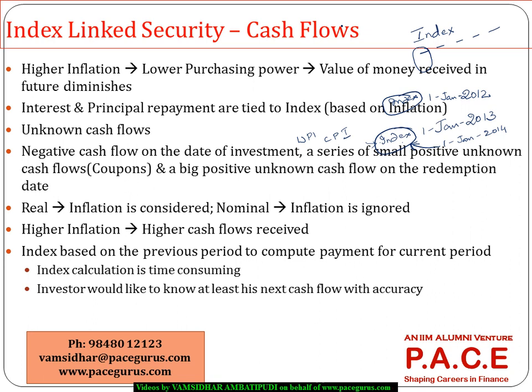So typically, for index linked securities, the index as of the previous period is taken as the base for computing the coupon as well as the face values that need to be paid off.